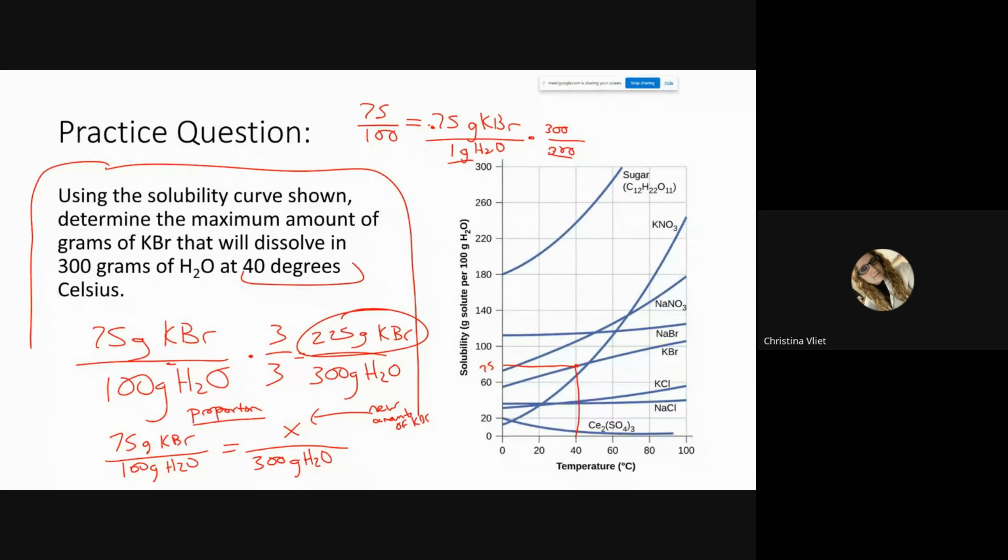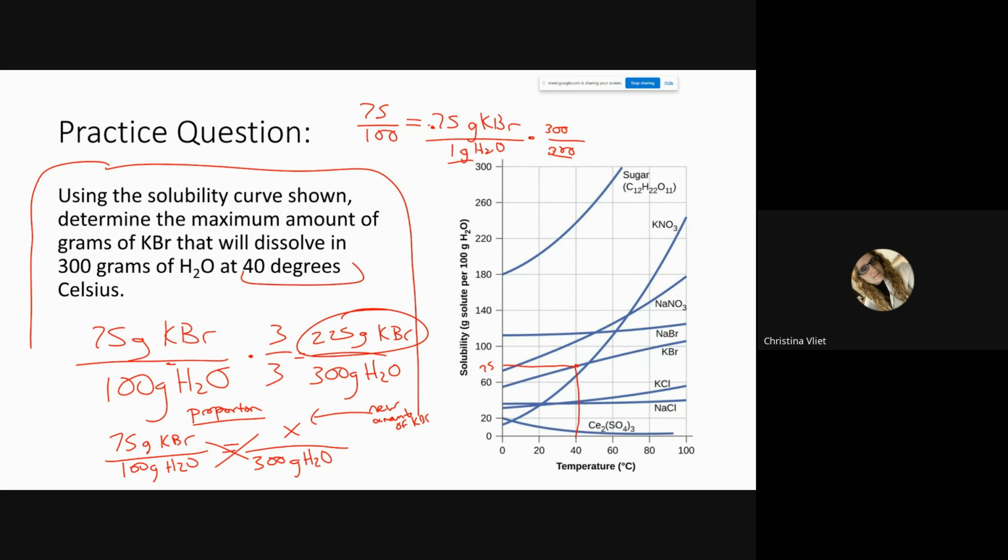Then you cross multiply and solve for X. This will always work, so you may want to write it down. Once I increase my water, I know I have to increase my KBr, but if I don't know by what, then you set up a proportion.